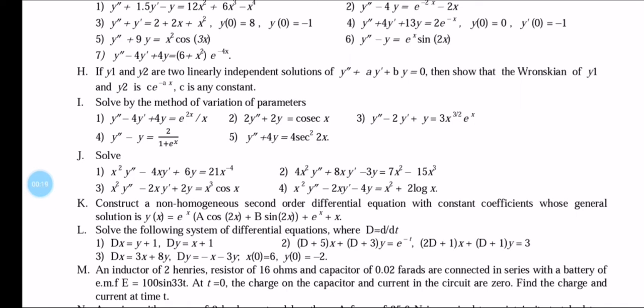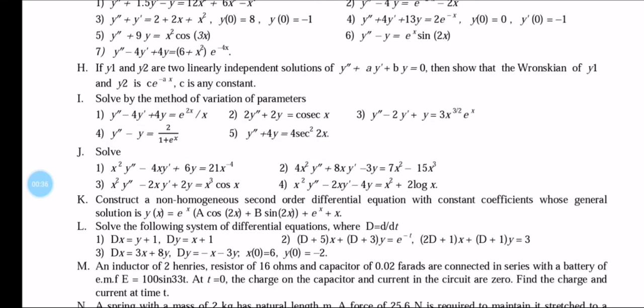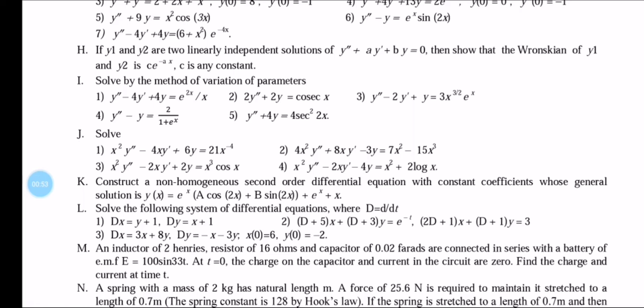By following these lectures we can now solve the assignment in section I. Problems 1, 2, 3, 4 and 5 we can easily solve by using the variation of parameter method. So I suggest you solve the problems from the assignment section I, from 1 to 5.